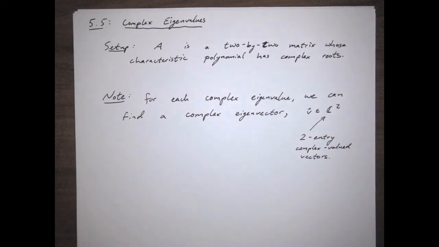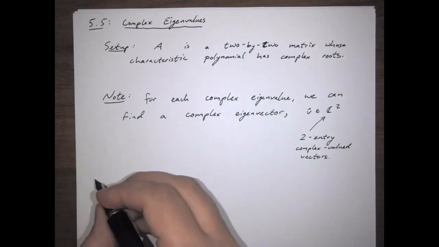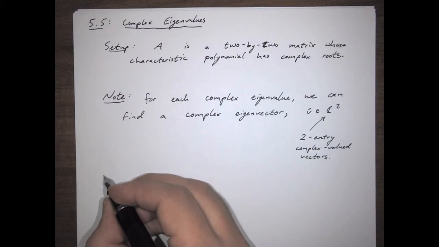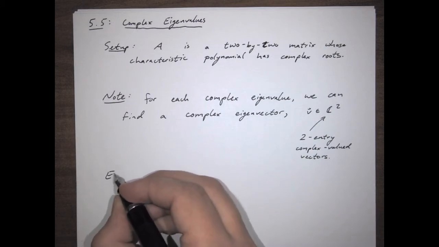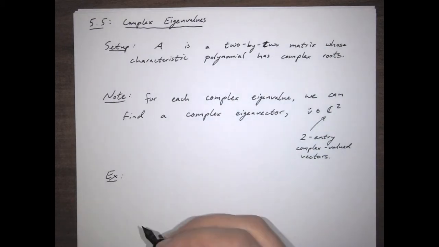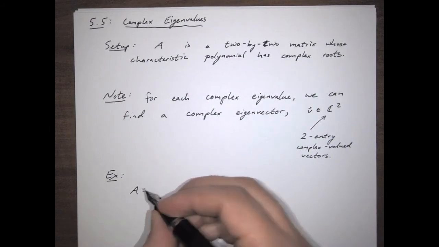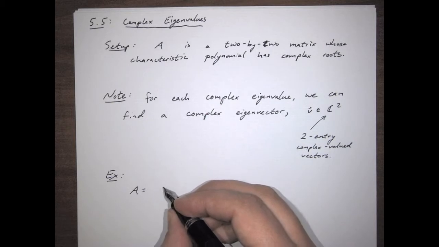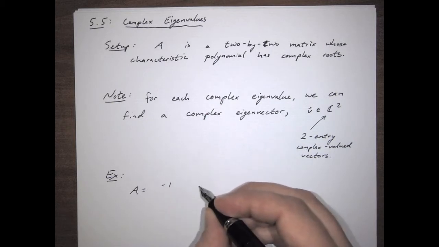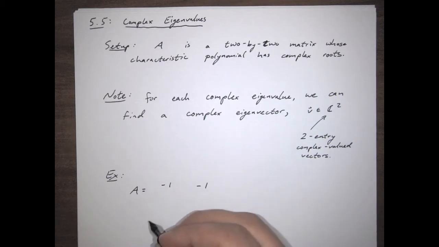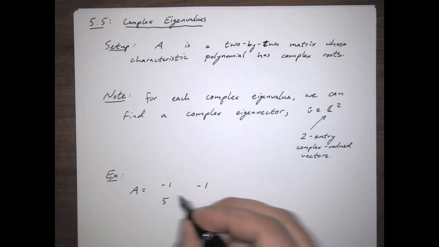Okay, so here's how this will go. And it's easiest to see with an example. Alright, so let's say that A is equal to [-1, -1; 5, -5].